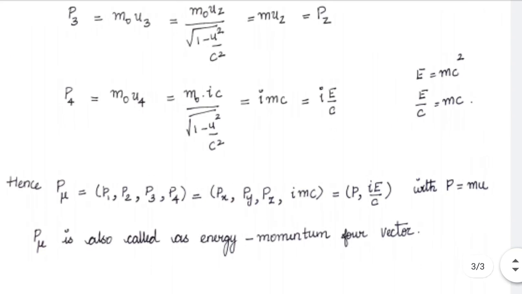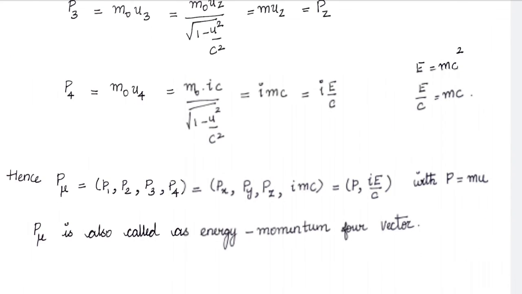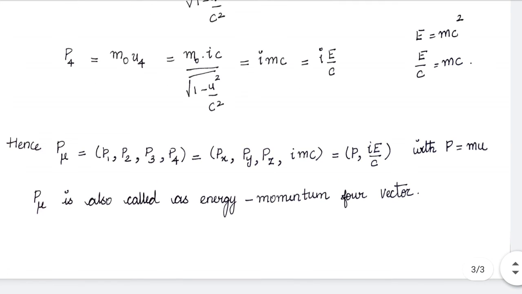So the four components of momentum, which are given by p1, p2, p3, p4, can be represented by px, py, pz, imc, or in short p, iE by c, with the momentum p equal to m times u. And this p mu is also called the energy momentum 4 vector.